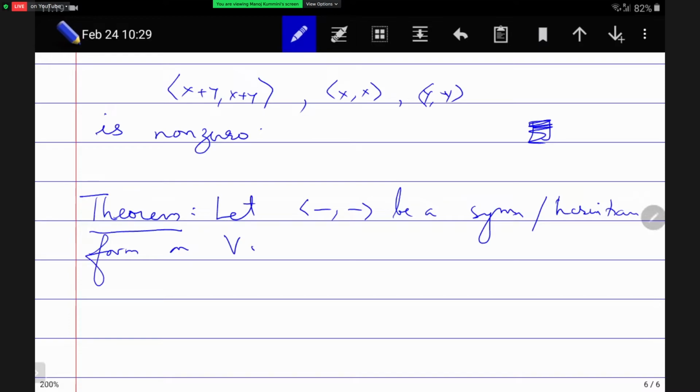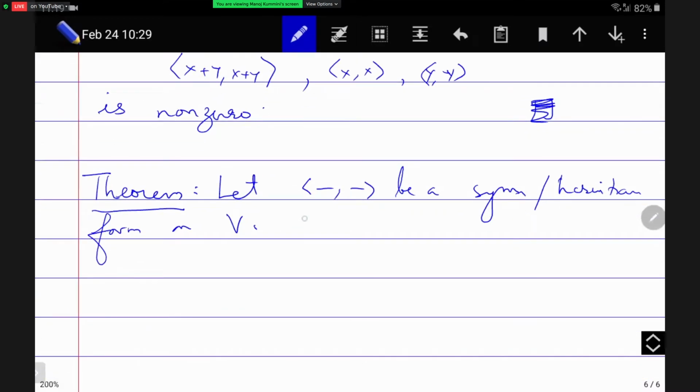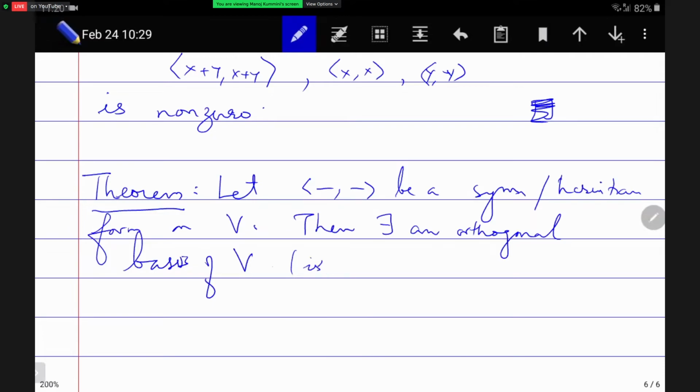So let this be a Hermitian form. Then there exists an orthogonal basis of V, that is, a basis v1 through vn such that ⟨vi,vj⟩ is zero for all i different from j.